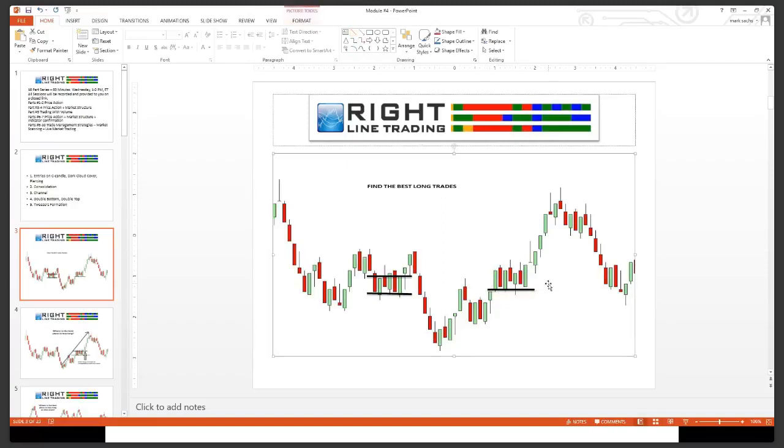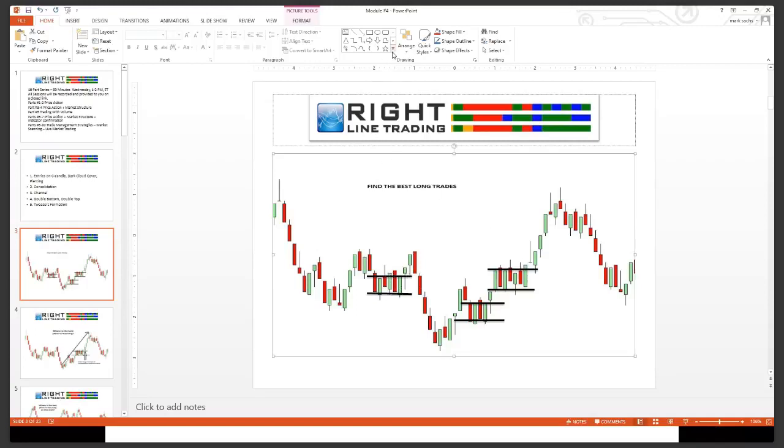I have consolidation here, because consolidation is usually pretty easy to spot. And I have consolidation here. I have consolidation here. And I have consolidation here. So now what I've done in a chart that's just got a whole bunch of random candles, or a chart without market structure, created some market structure on my own.